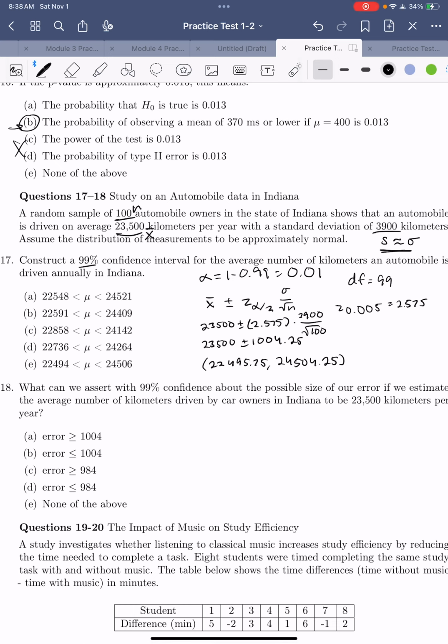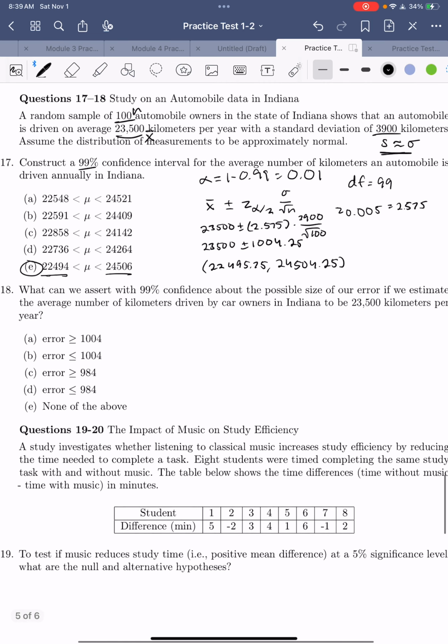So 22,495, so that's close to 494. And then this is also close over here, and so we can say that our answer is E.